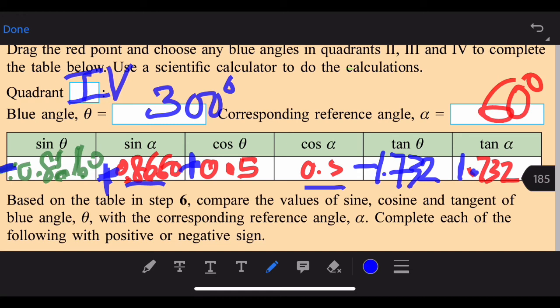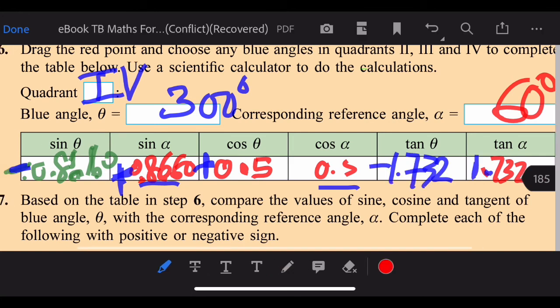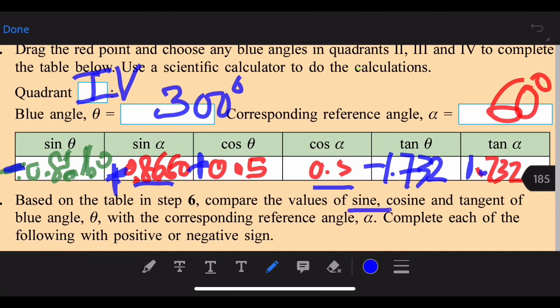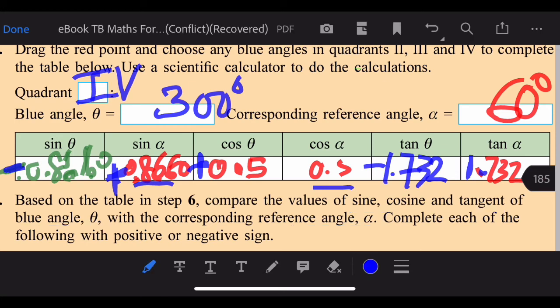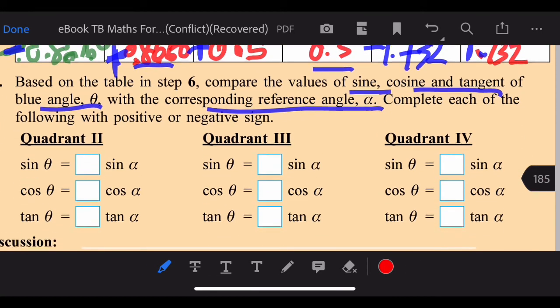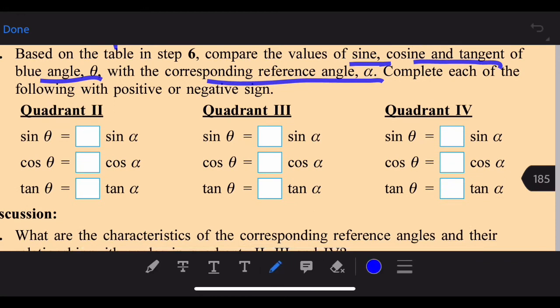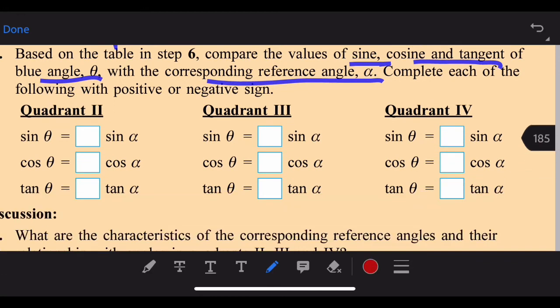So based on the table in step 6, compare the values of the sine, cosine, tangent of blue angle theta with the corresponding reference angle. So we compare, and we notice that only the sign changes. So complete each of the following. Let's write the sign. Okay, second quadrant: sine is positive, cos is negative, tangent is negative.